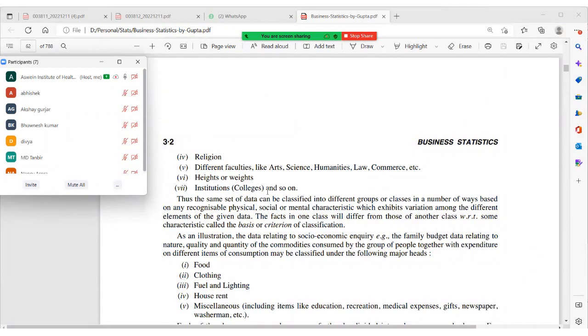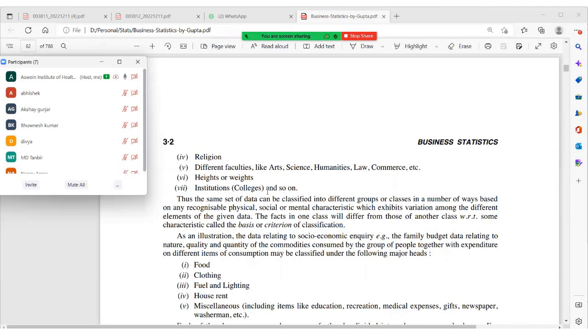For instance, I need the median or the quartiles that we do later on. So I need to find out these things, median or average, mean, right? It is not an easy job to add all the marks of 50 students, then divide by this to get the average, right?